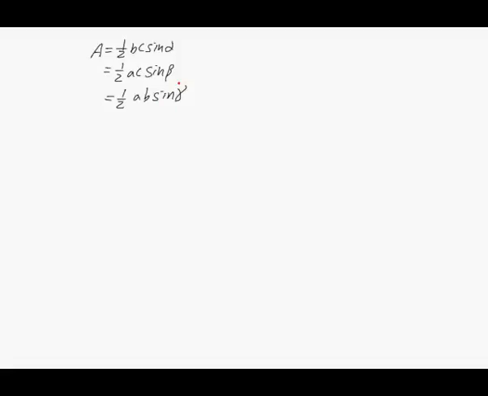Now, let's briefly introduce a new area formula for a triangle if we know the three sides. So if we know the three sides, then first we get half the perimeter of this triangle. That is A plus B plus C divided by 2. And we denote this half perimeter of the triangle by this small s.